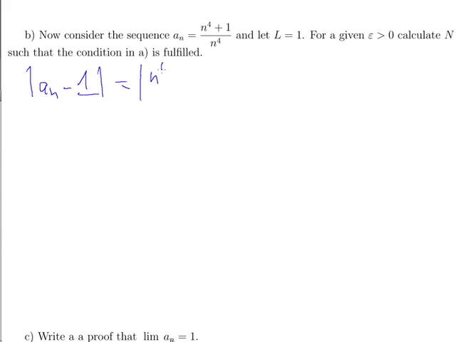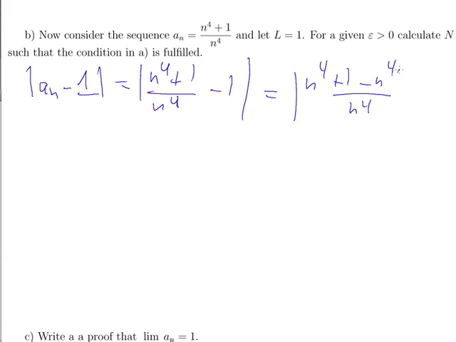This is equal to n to the 4 plus 1 divided by n to the 4 minus 1. We can bring this on a common denominator and we get n to the 4 plus 1 minus n to the 4 divided by n to the 4, which is just 1 divided by n to the 4, which, because n is always positive, is the same as 1 over n to the 4.